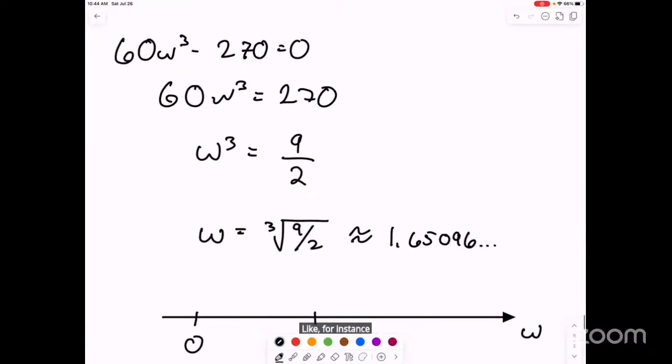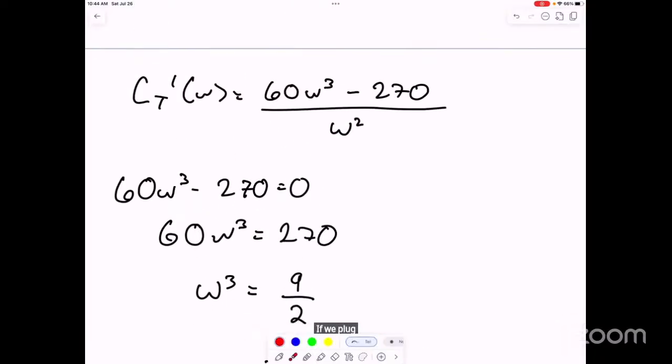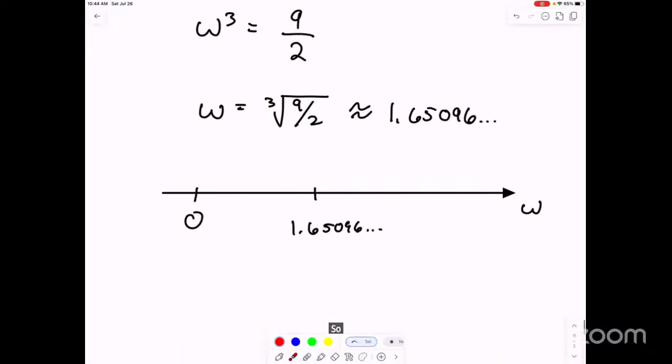Like, for instance, if we plug in -1 into the derivative, this would be negative. So the top would be negative. This would be a positive. So that whole thing would be negative in that region.